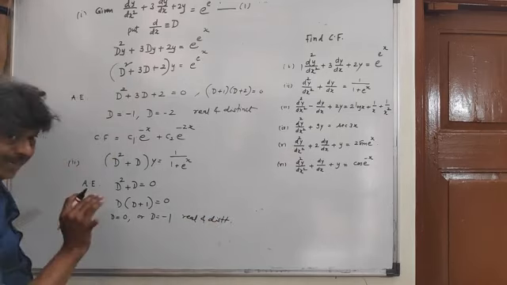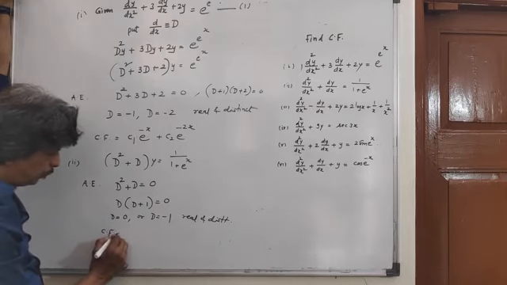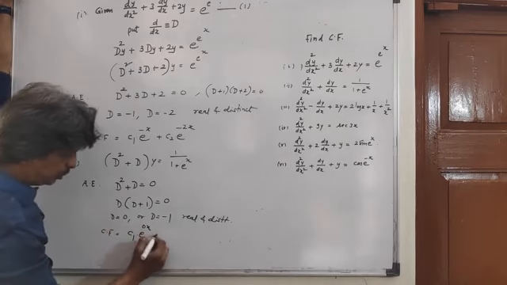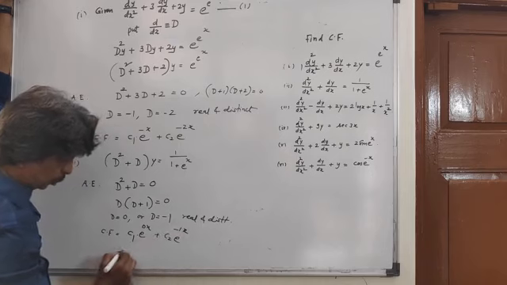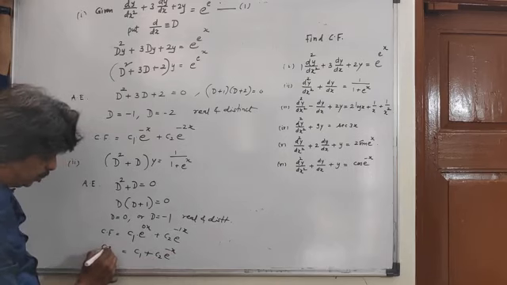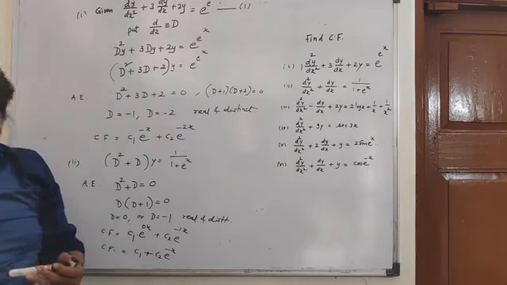Again, by case 1, the complementary function would be C1 e to the power 0x for the first root, plus C2 e to the power minus 1x. So C1 + C2 e^(-x) is the required answer for the complementary function.